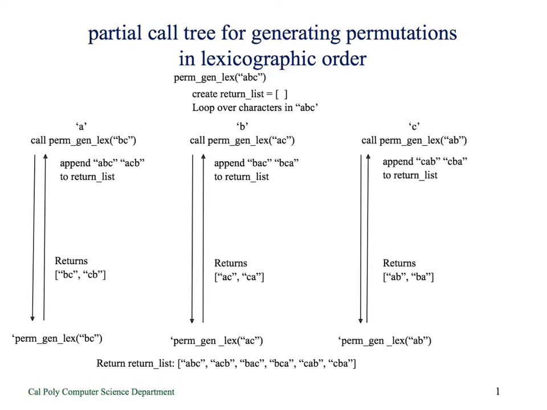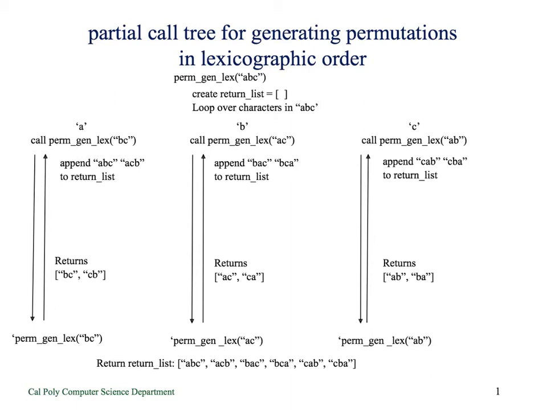So the first time it's going to take A out, then the second time B out, and the third time C out. But the first time when it takes A out, what you're going to be left with from the string ABC is the string BC. So then you call Perm Gen Lex on BC. So that'd be the first iteration of this outer loop.